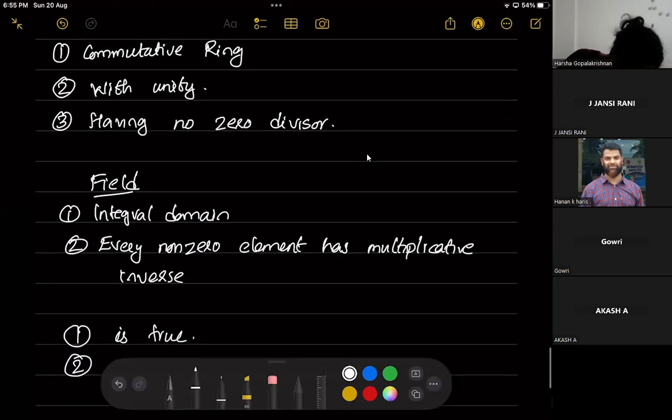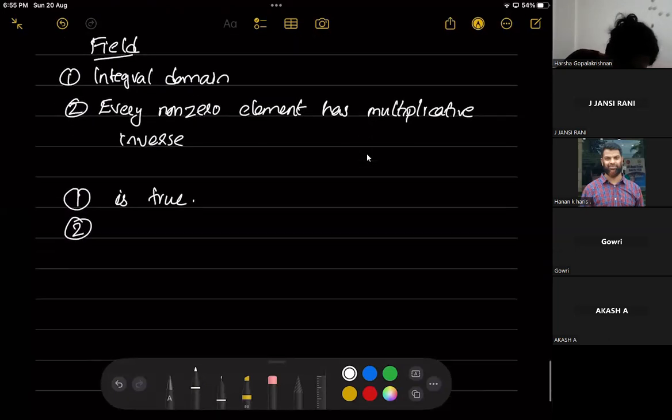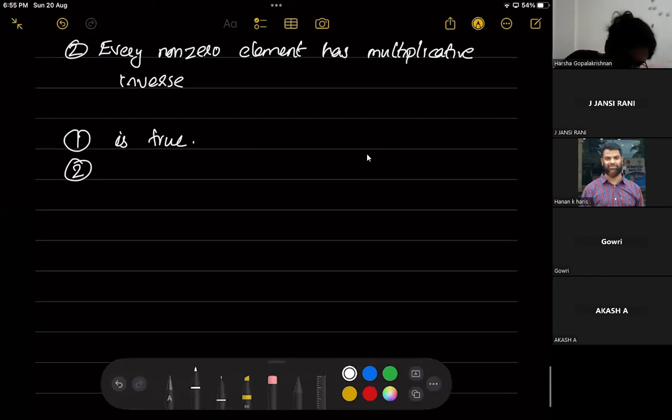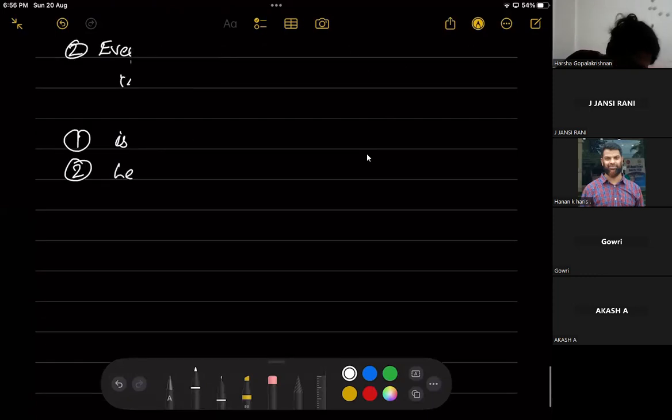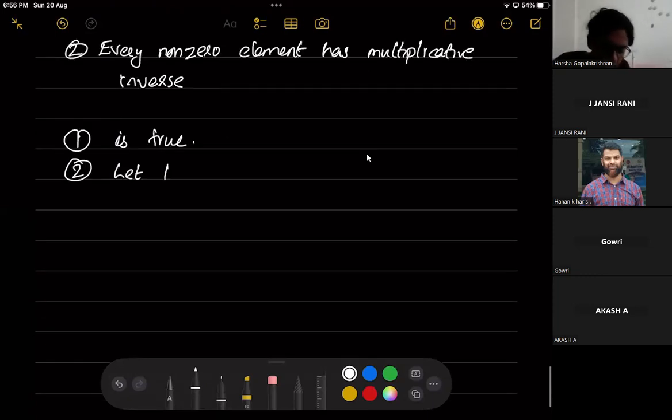Suppose R is an integral domain, so it will have a unity 1.